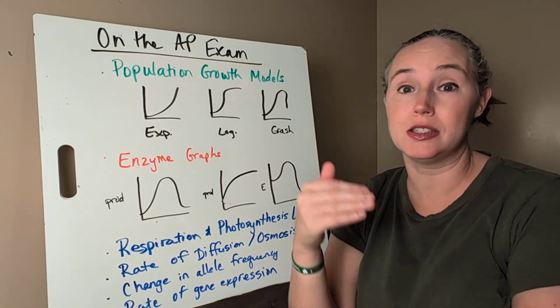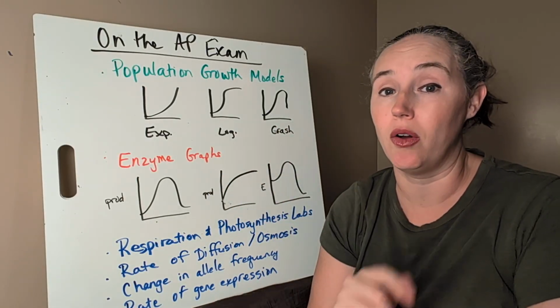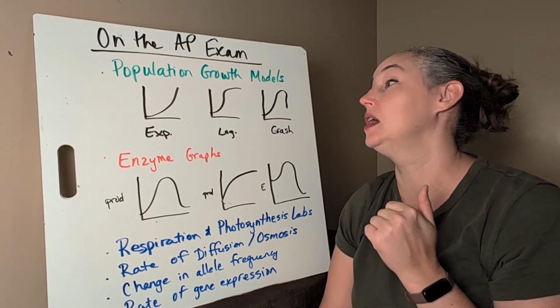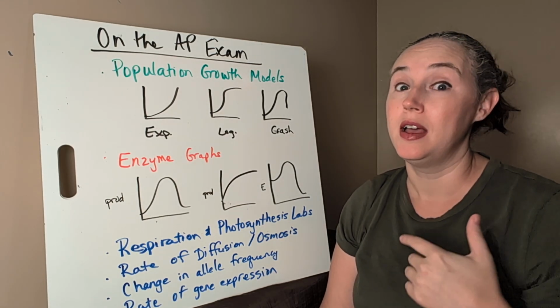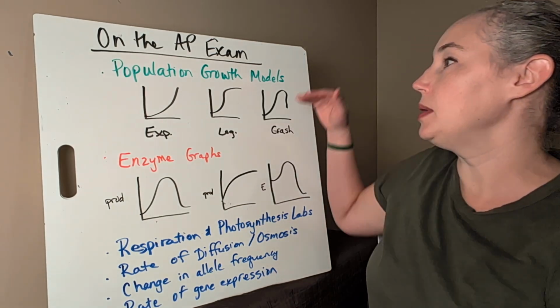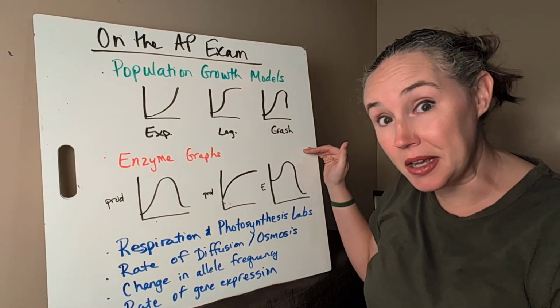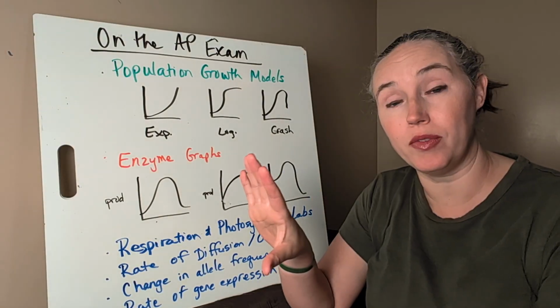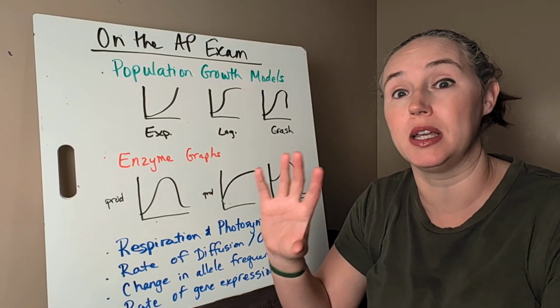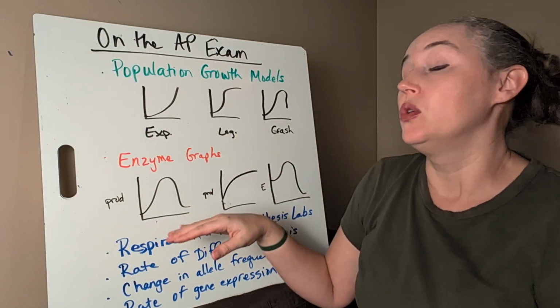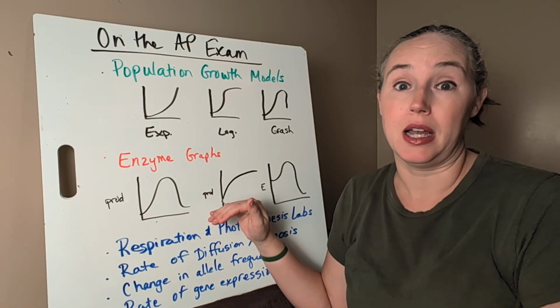Where am I going to see this on the AP exam and how? So again, lots of times you'll see this in graphs or in data tables. Most common topics would be your population growth models, enzyme graphs. I'll do a whole separate video for the AP Bio exam skills series on enzyme graphs, and respiration and photosynthesis labs.